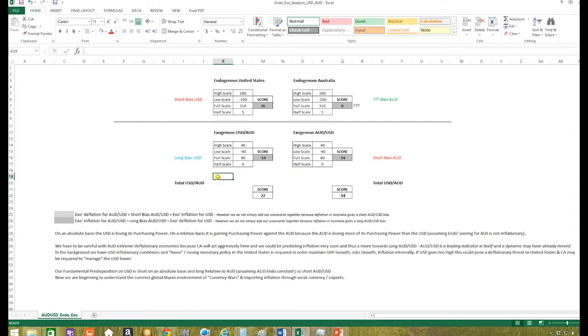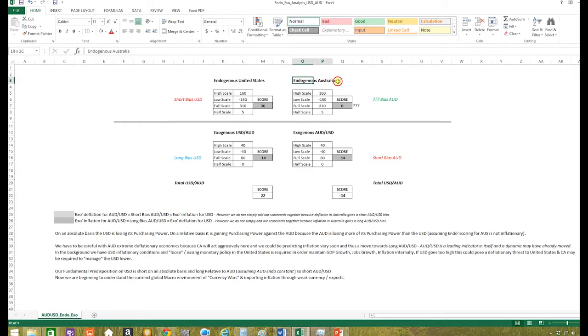So our score, most importantly overall, is to see whether this number through the exogenous analysis is either contributing positively to our endogenous score or negatively to our endogenous score on both sides of the coin.